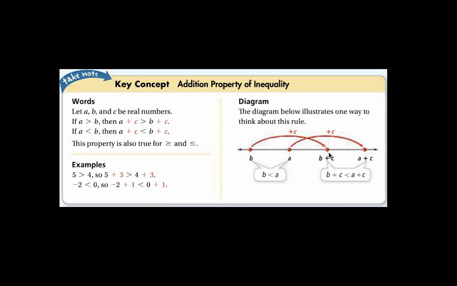So here's b plus c. If I take a and add the same value c to it, it's going to move a from here to here. So we're moving b and a to the right by the same increment. So b plus c is still going to be less than a plus c. That's not going to change.